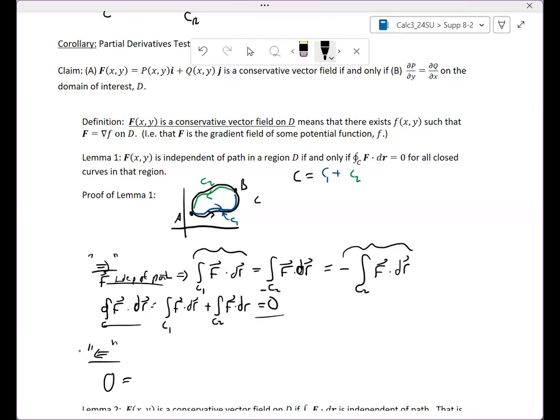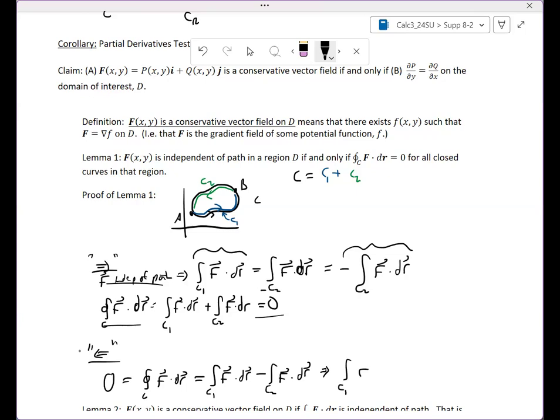So here we have that 0 equals the integral over the closed curve of F dot dr. Well, the proof is very similar to before. That's like the integral over C1 of F dot dr minus the integral over C2 of F dot dr. But that says that the integral over C1 minus the integral over C2 equals 0.